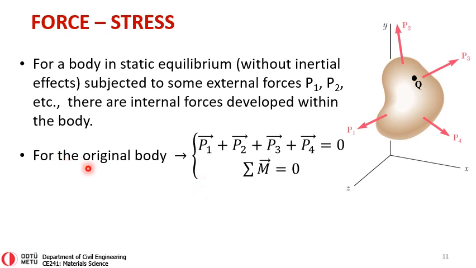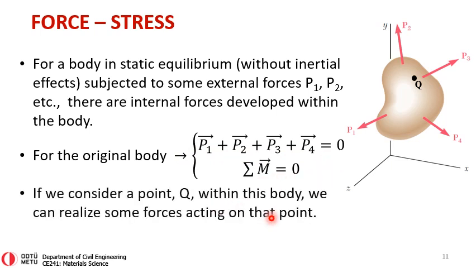Now, for the original body, we know the equations of equilibrium, and if we consider a point Q within this body, we can realize that some forces are acting on that point which is located in that body.